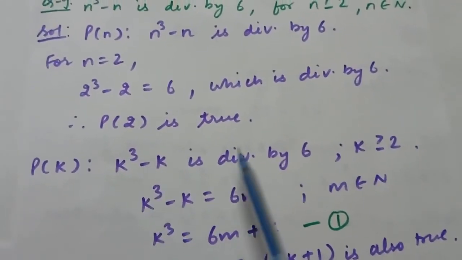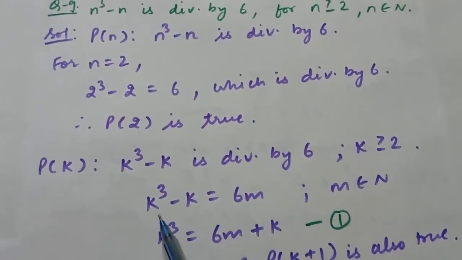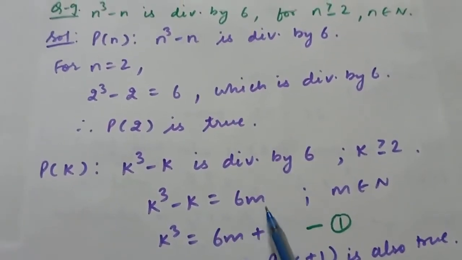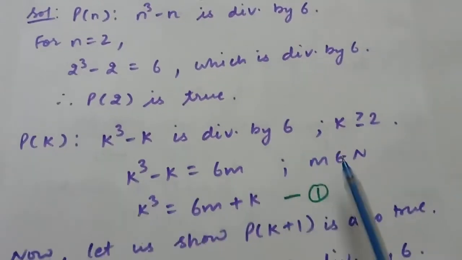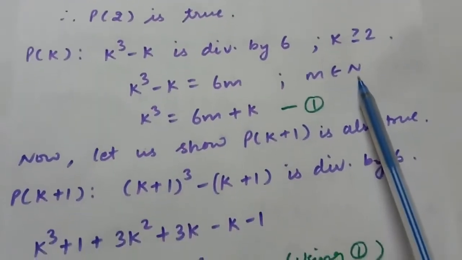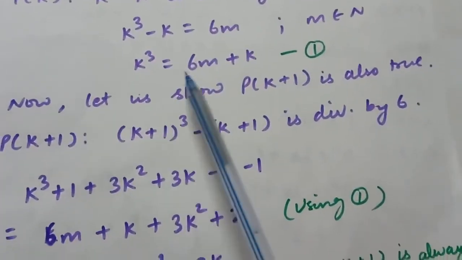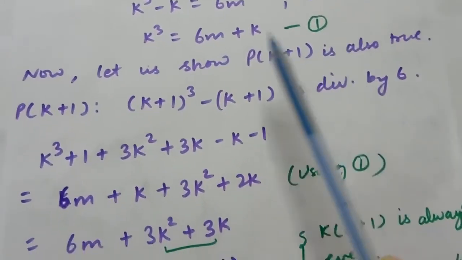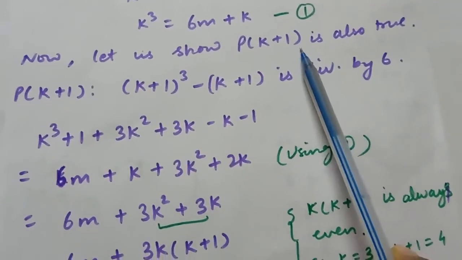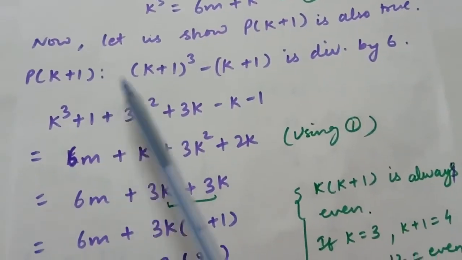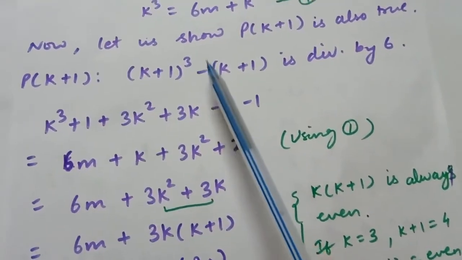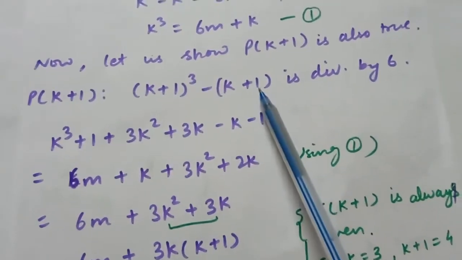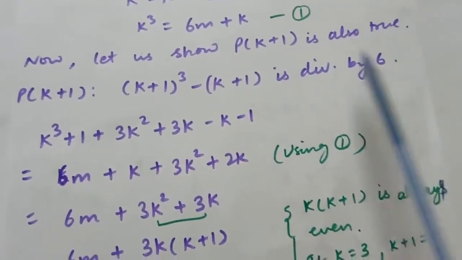Now k cube minus k is divisible by 6, therefore k cube minus k is equal to 6m, where m belongs to natural number. Find the value of k cube from here, which is equal to 6m plus k, and let this be 1. Now we will show Pk plus 1 is also true. So Pk plus 1 will be k plus 1 whole cube minus k plus 1 is divisible by 6.